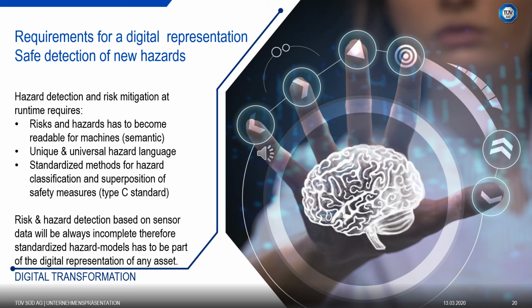Therefore, standardized hazard models has to be part of our digital representation. The digital twin gives us the completeness that the observation of IoT data can never achieve. We have learned within TÜV Süd that the data quality we collect today is still not good enough to develop complete and consistent models. So there's a lot of work in front of us.